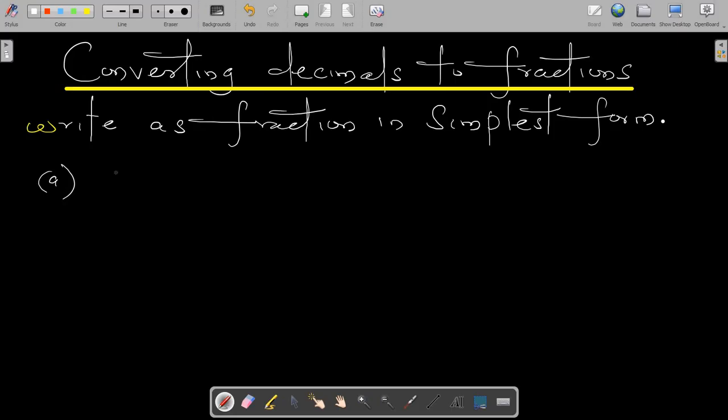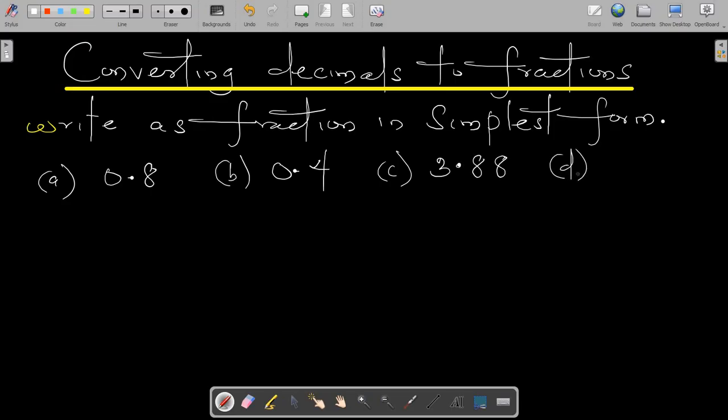The first one 0.8. The second one, 0.4. The third one, we have 3.88. The fourth one, we have 0.375. While the fifth one, let me say it is 0.067.